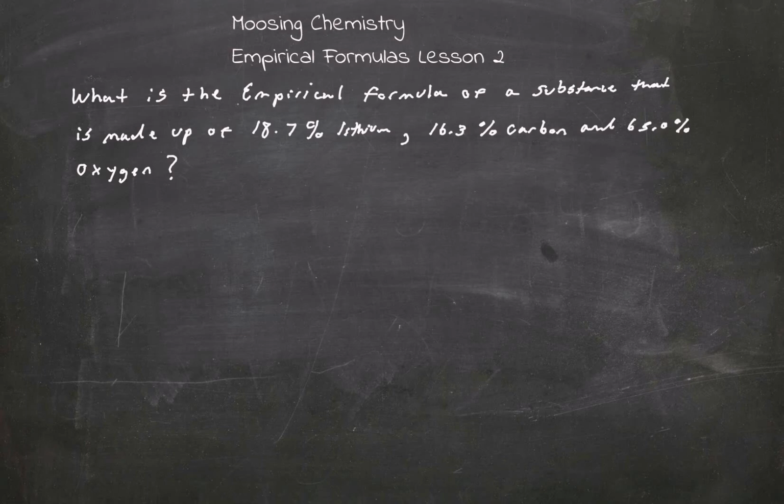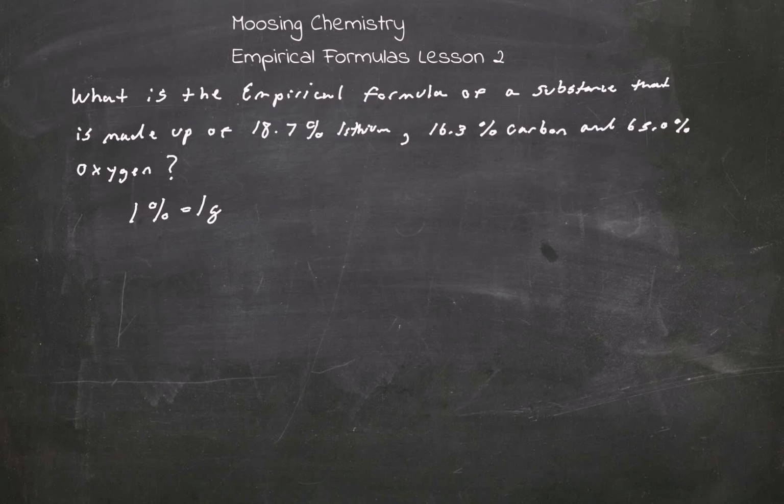What is the empirical formula of a substance that is made up of 18.7% lithium, 16.3% carbon, and 65% oxygen? Again, we have to remember, very, very important, that 1% is equal to 1 gram.